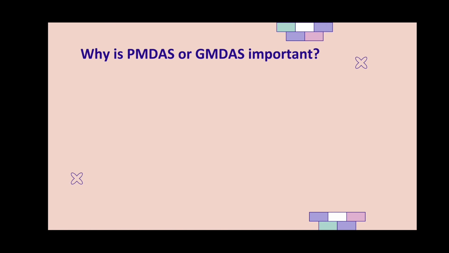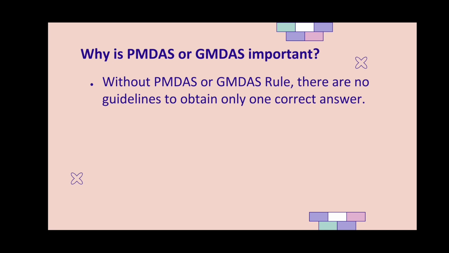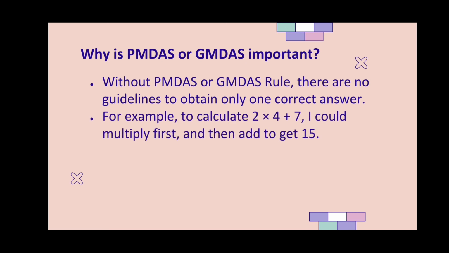Why is PMDAS or GMDAS important? Without PMDAS or GMDAS rule, there are no guidelines to obtain only one correct answer. For example, to calculate 2 times 4 plus 7, I could multiply first and then add and get 15.